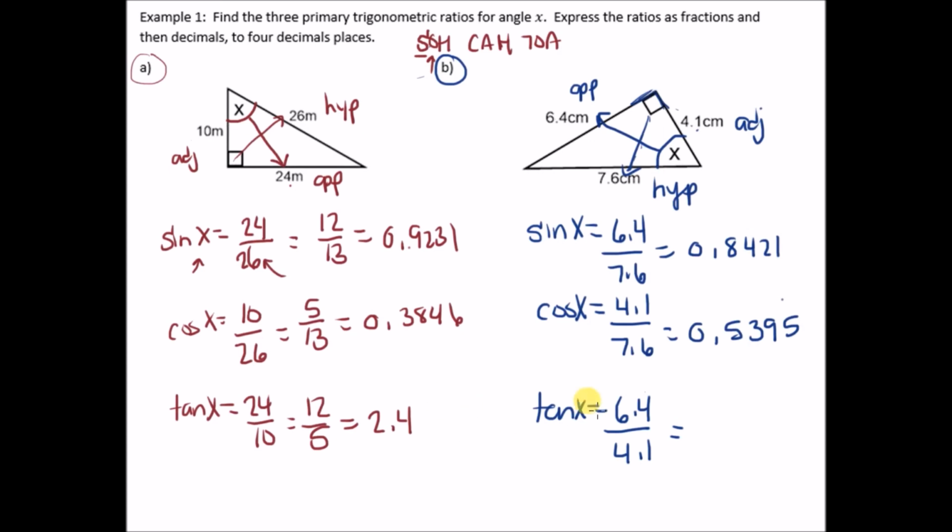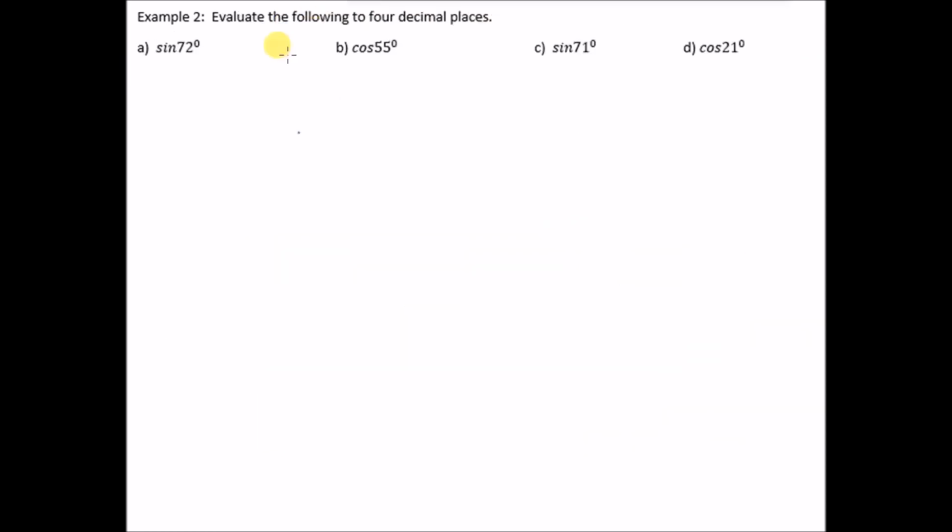If we want to divide these, we actually get 1.56. Let's go 10. Even though this 9 rounds up to a 10, we have to put that 0 in if we are asked for 4 decimal places. So there are the 3 primary trig ratios for the angle x.